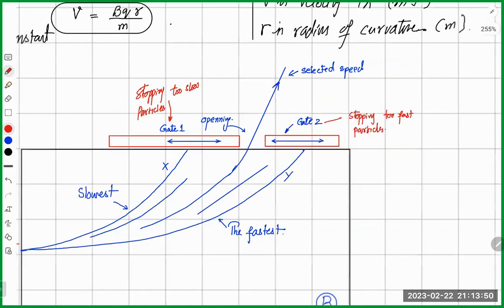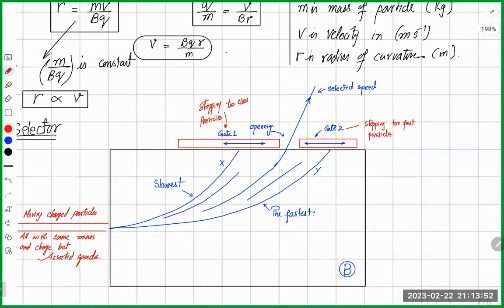Charged particles, as they go into the magnetic field, they move and they change their direction. Listen, when they all were moving in the same line, there was no reason we could differentiate between the fast one and the slow one. They were moving in the same beam.